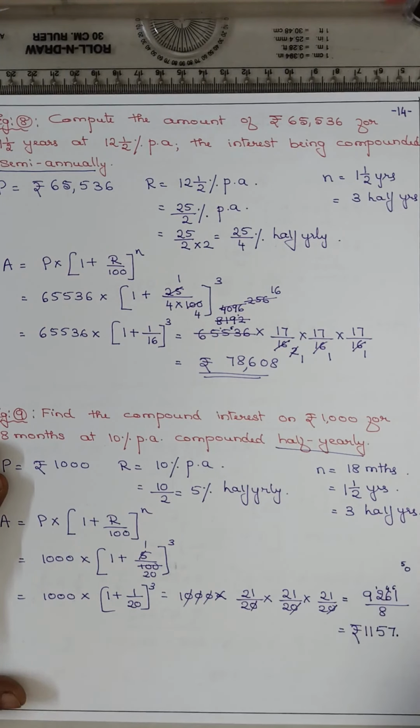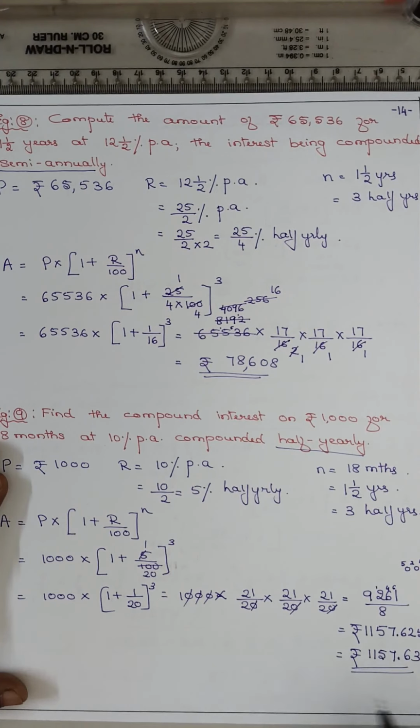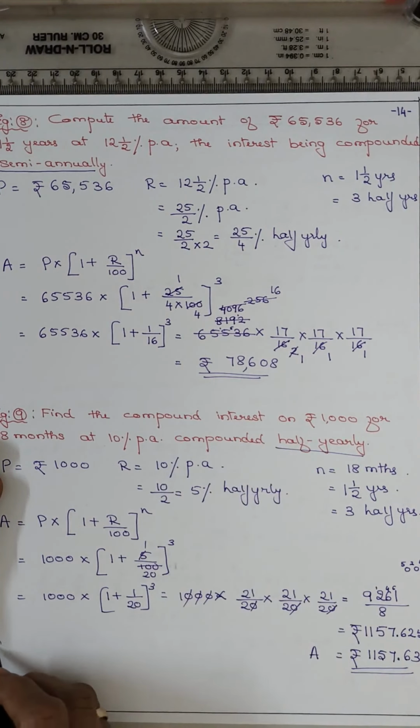So 5 remains. 8 6s are 48, 2 remains. 8 2s are 16, 4 remains. So you got 1157.625, rounding off to 2 decimals, it becomes 1157.63. This is amount. Now they have asked CI.